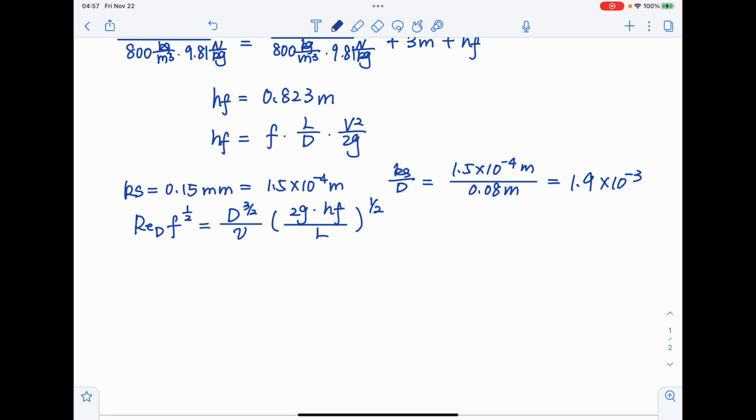This term you can find on the top horizontal axis in the Moody diagram.